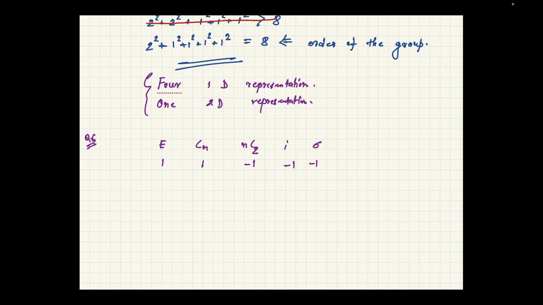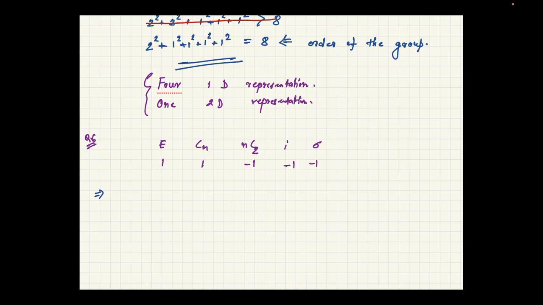Okay, so to identify the Mulliken symbol, first we have to look at whether the corresponding irreducible representation is one dimensional, two dimensional or three dimensional. Here the character of the identity operation is 1. That means the dimension of the basis is 1, so it is a one-dimensional irreducible representation.